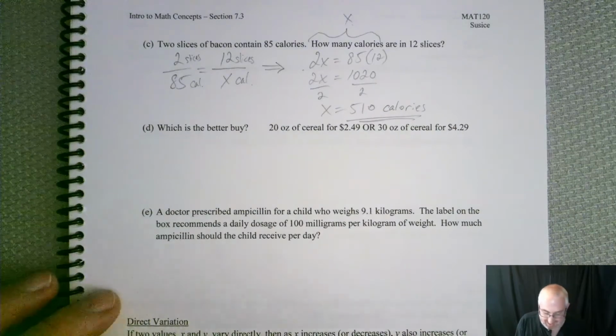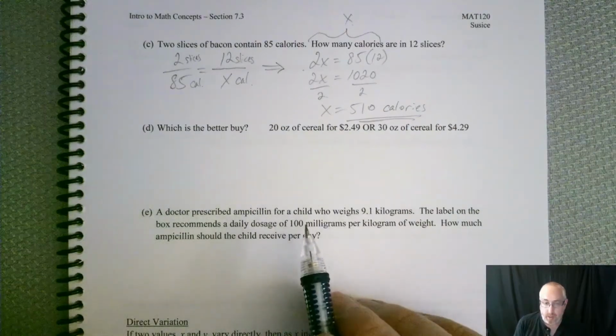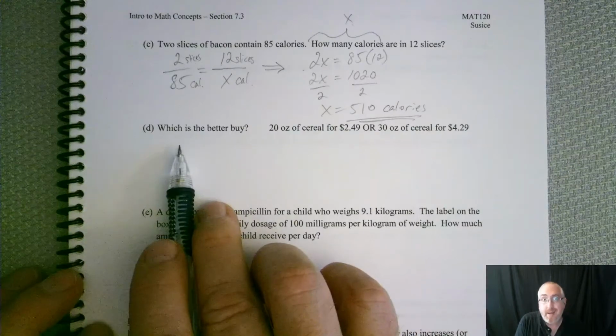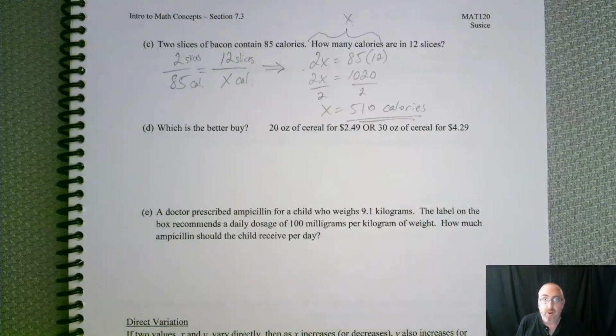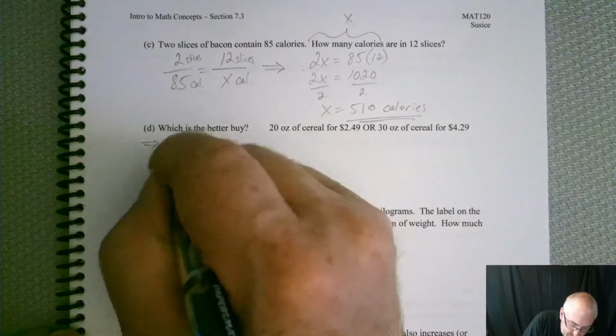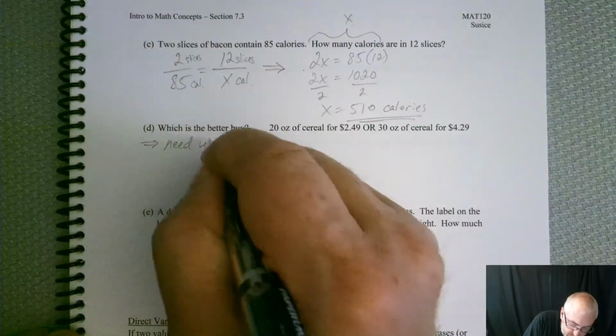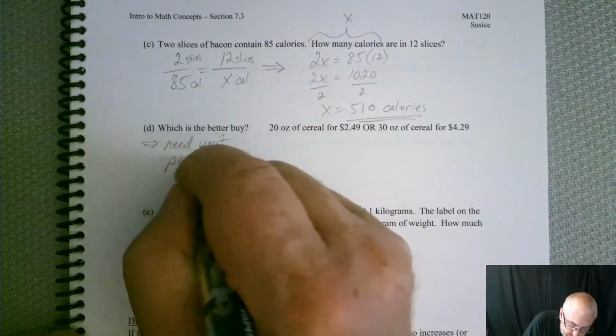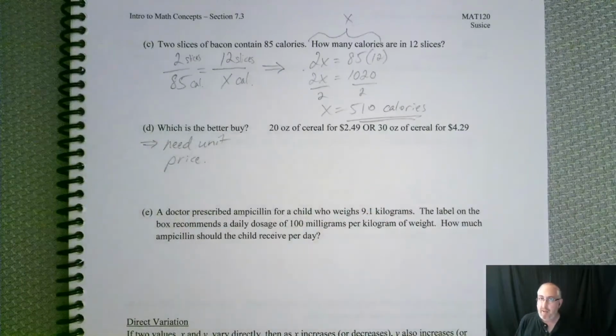Okay. What about other applications? Well, better buy. If you're buying stuff at the grocery store, how do you know which one's giving you the best bang for your buck? It's all based off of the unit price. So we're going to need the unit price. So how do we find that?